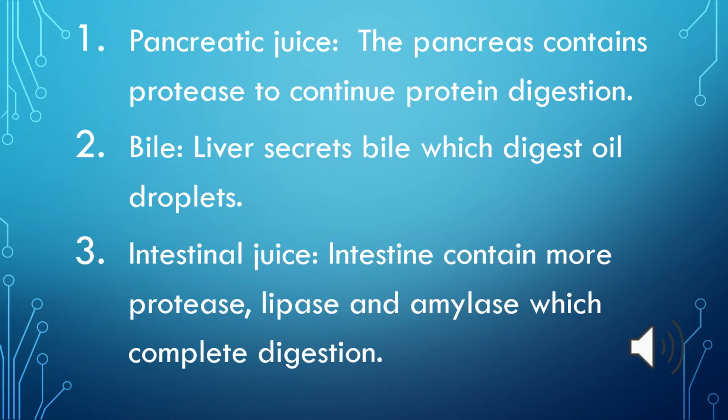Number 1. Pancreatic juice. The pancreas contains protease to continue protein digestion. Number 2. Bile. The liver secretes bile which digests oil droplets. Number 3. Intestinal juice. Intestine contains more protease, lipase, and amylase which complete the digestion process.